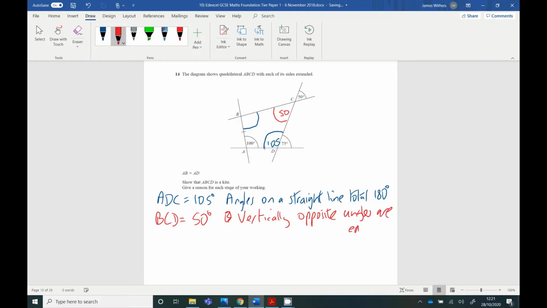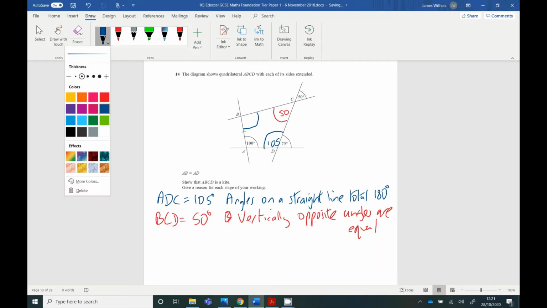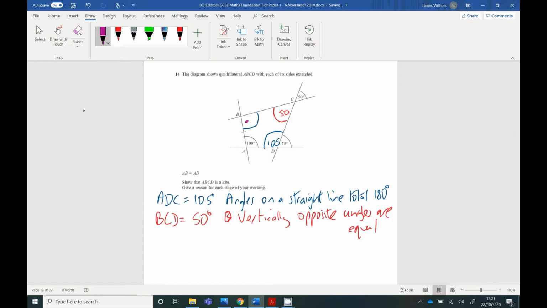Now, having done that, angles in a quadrilateral add up to 360. So this angle here is going to be 360, take away the other three angles. So we can say angle ABC equals 360, take away 50, take away 105, take away 100, and that indeed is another 105.